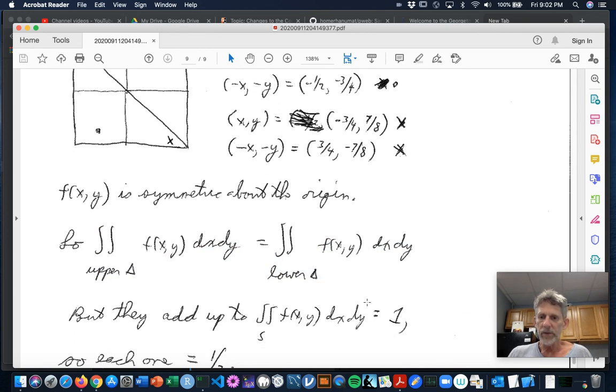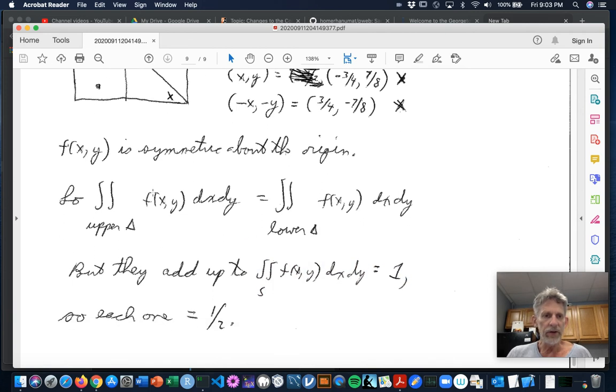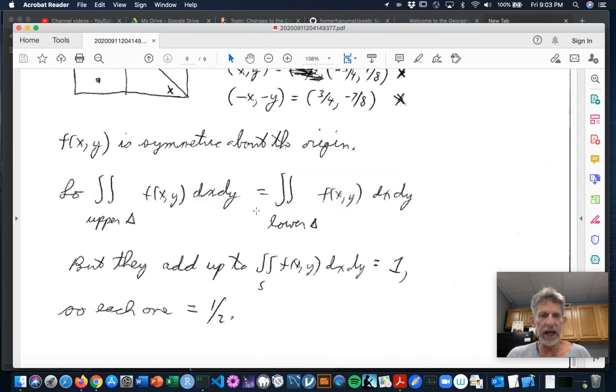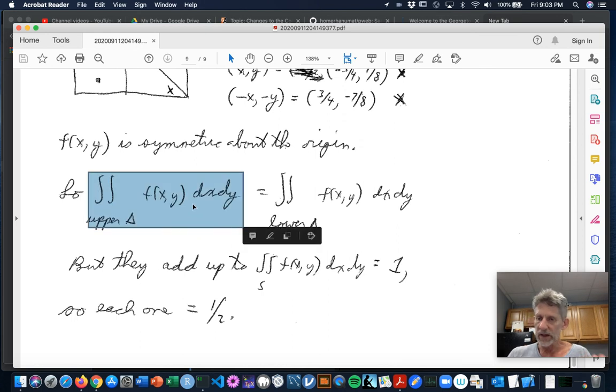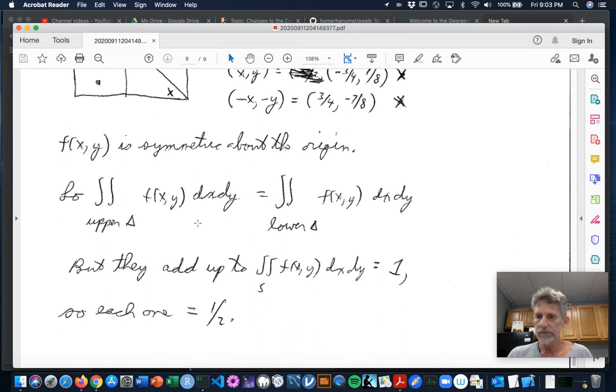But the volumes underneath them add up to the volume underneath the entire sample space, which has to be 1. Therefore, this volume and this volume both have to be a half. So the probability that we seek, which is that quantity right there, is a half. And so this problem can be solved by symmetry.